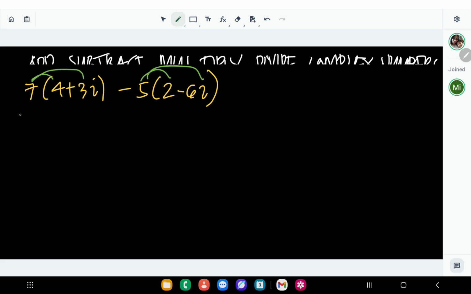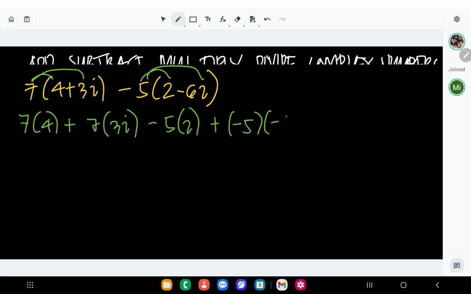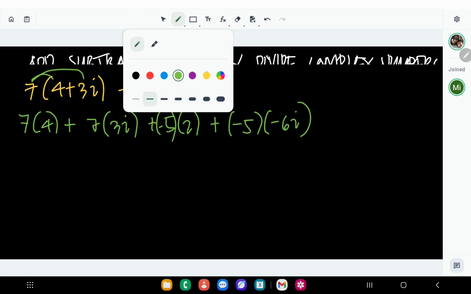So that is 7 times 4 plus 7 times 3i, minus 5 times 2, plus negative 5 times negative 6i. Or you can just simply add plus negative 5 times 2, so it won't be confusing.